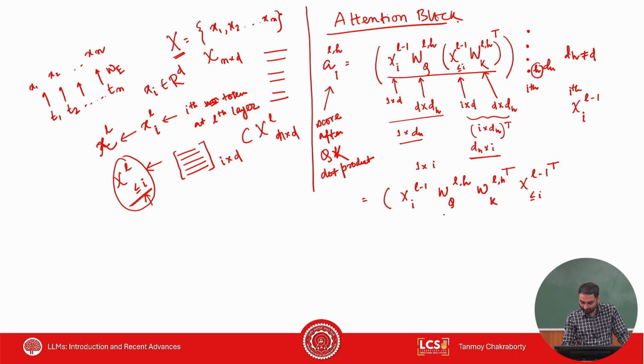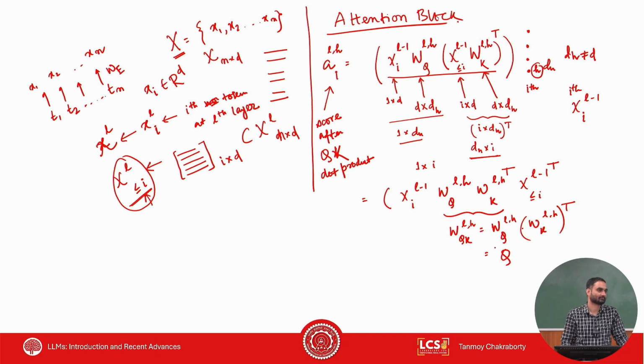Okay, you see that there are essentially two matrices which are getting multiplied, and we denote this by a single matrix, right, which is WQK at the Lth layer, H head: WQ WK transpose, right, and we call this the query key circuit.